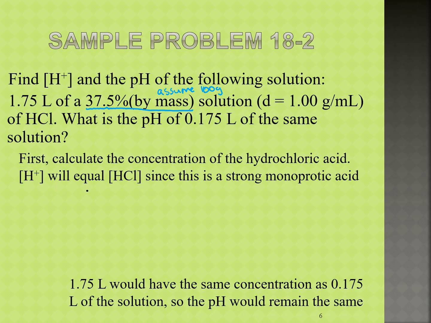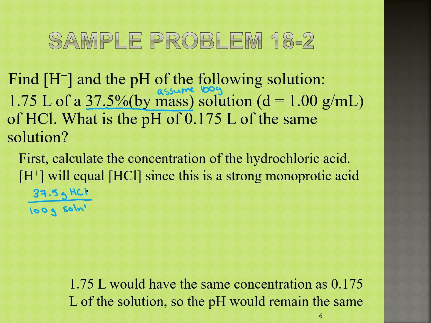So let's start with that part of it. It says first calculate the concentration of hydrochloric acid. So let's say that we have 37.5 grams of HCl in 100 grams of our solution total.